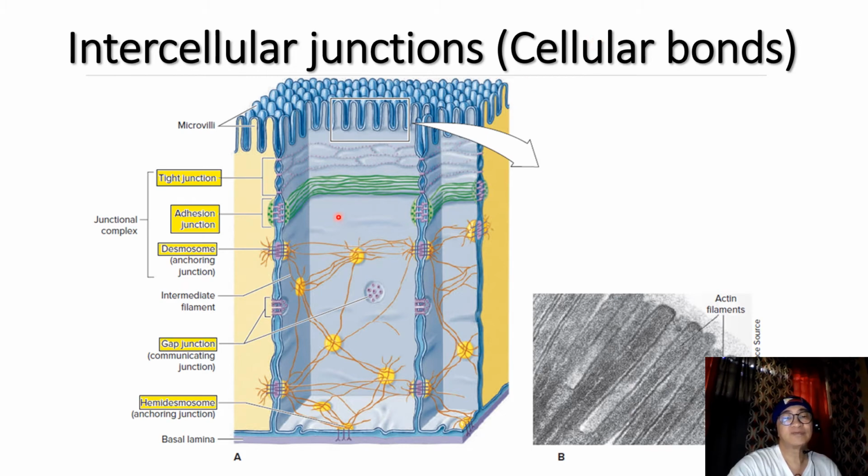You also have adhesion junctions, which occur just beneath the tight junctions. These anchoring junctions are similar to tight junctions in that they encircle the cell.